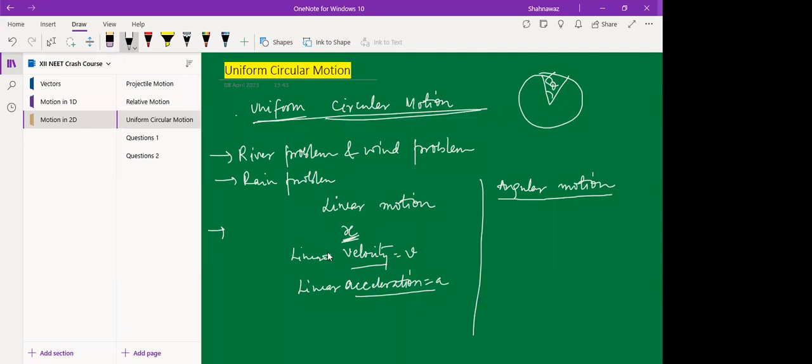Analogous to linear motion, you have angular displacement, theta, and then angular velocity, omega.